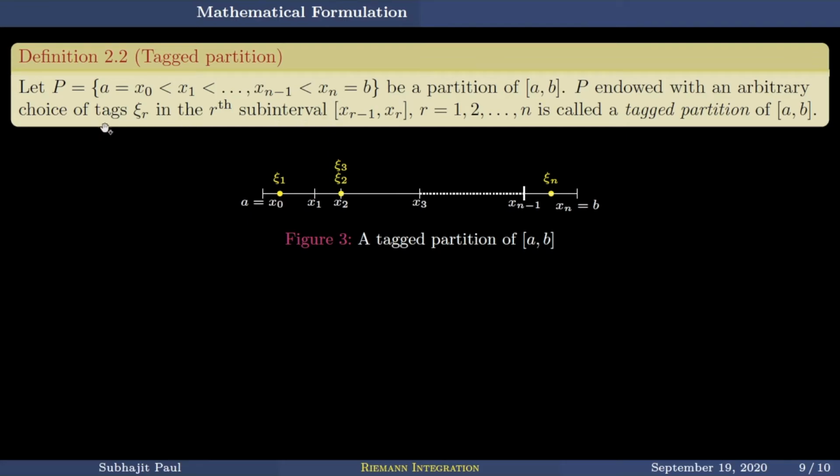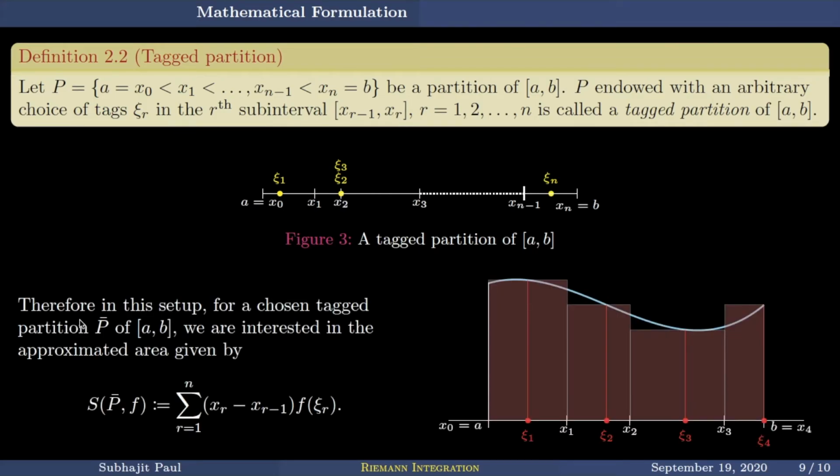There is no hard and fast rule that they cannot be the extremity, or that two tags cannot be equal. You have [xr minus 1, xr], and you choose a tag from that subinterval. The partition with the choice of tags in each of the subintervals is called a tagged partition. The subscript of xi matches the subscript of the right extremity of the interval.